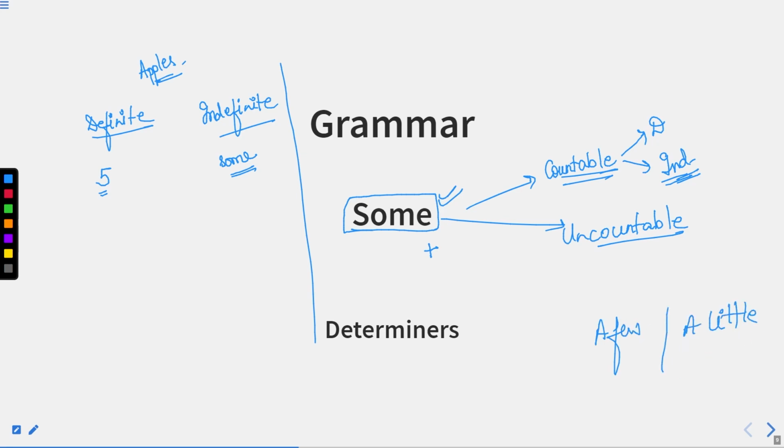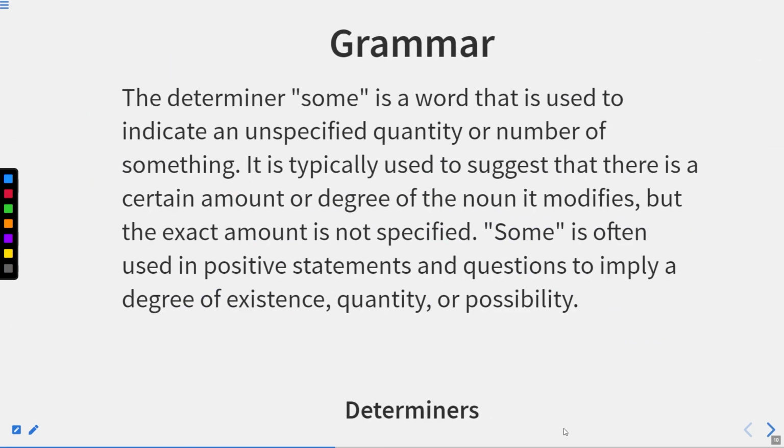A few in context of countable and a little in context of uncountable. So, if some is used as uncountable, it is used just like a little phrase. And if some is used with countable nouns, it is just used as a few expression. Now, let us move further.